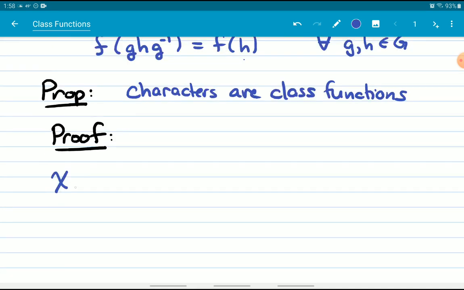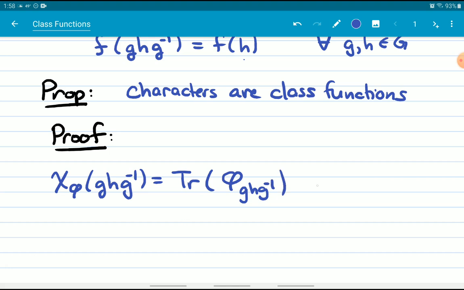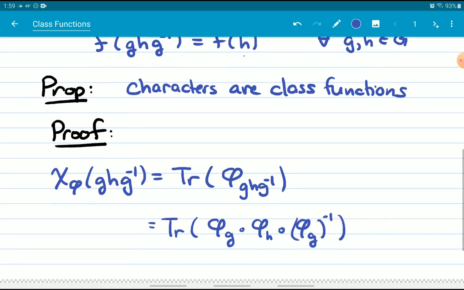Well, what's the character applied to an element like GHG inverse? By definition, that's the trace of the representation at GHG inverse. Of course, that element is a product, phi G composed with phi H composed with phi G inverse.